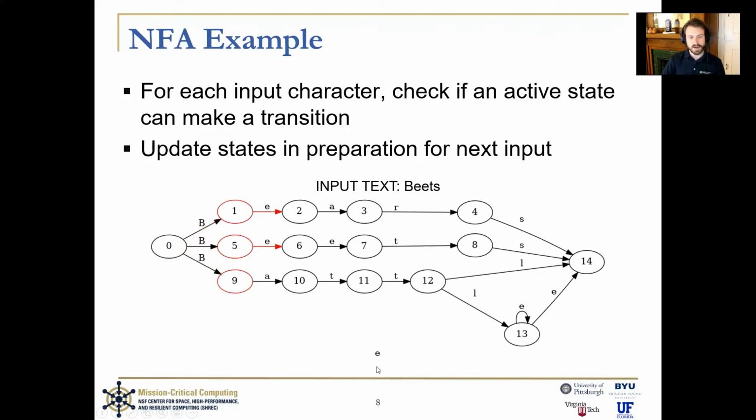The next input character E will match the criteria of only these two transitions, and they can be checked in parallel on an FPGA, resulting in the next two active states. Another E, however, only activates the transition from state 6 to state 7, and we follow with a T and an S, finally activating the accepting state here. We know that we've found an input character pattern which matches both the regex and the NFA.